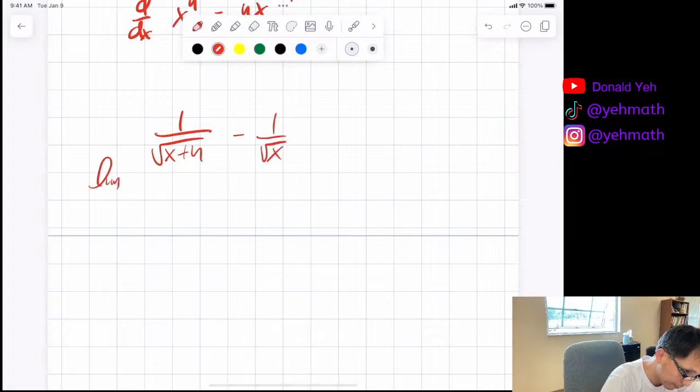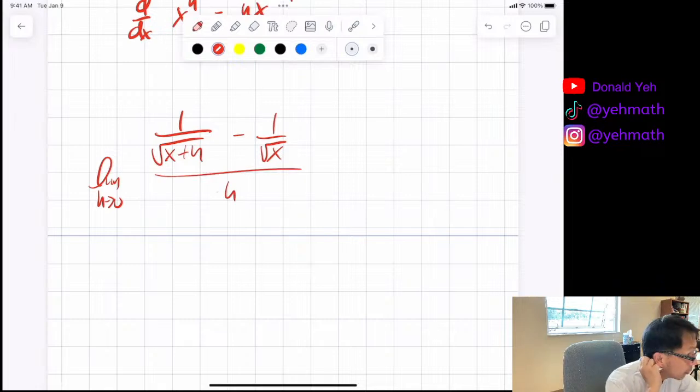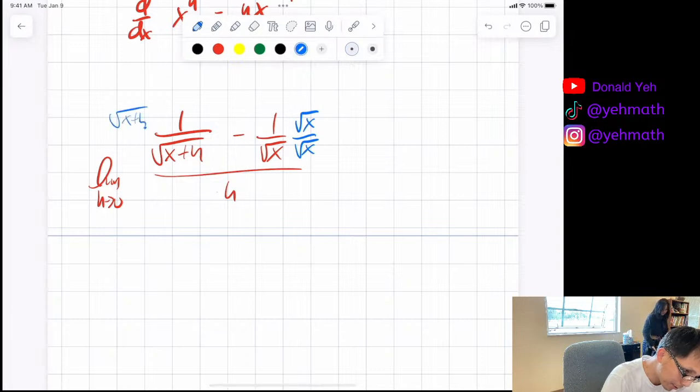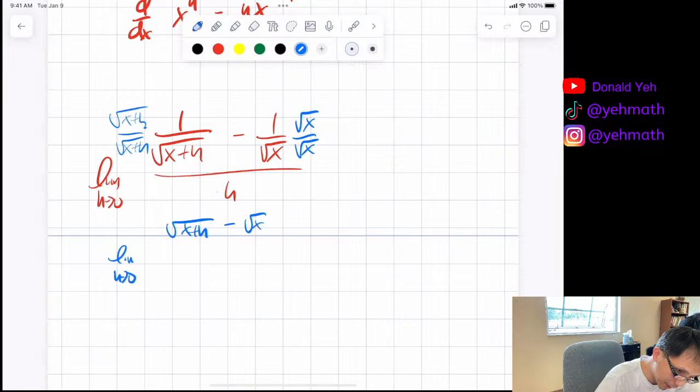I can find a common denominator, so it'll be square root x over square root x and square root x plus h over square root x plus h. So that's gonna be limit h approaches 0, square root x plus h minus square root x over.